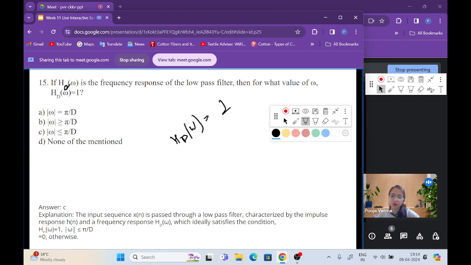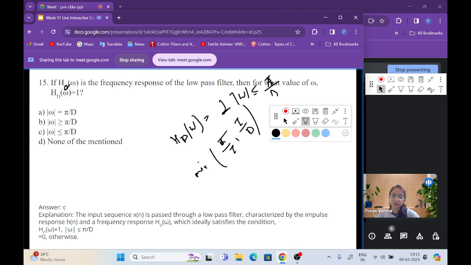So for what value will it pass the signal? While you have gone through the video lectures, and we have also discussed these things in the previous slides, the value that must pass the signal must be equal to pi by D. Here only the decimation factor is given, so pi by D. Otherwise, for any sampling rate conversion system, the value must be pi by I or pi by D, whichever you choose.